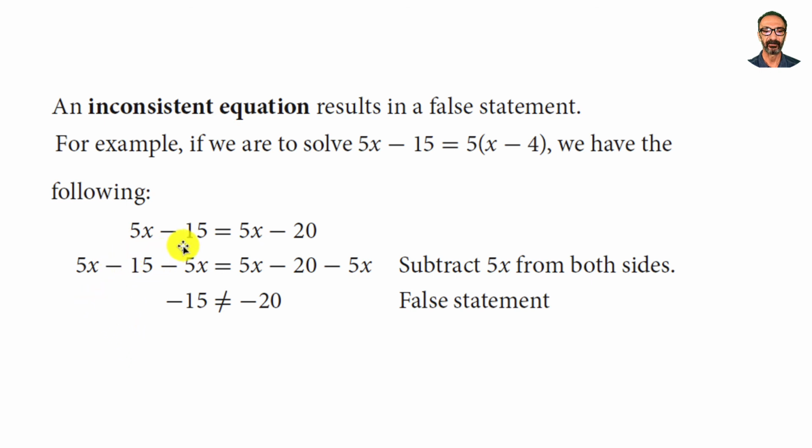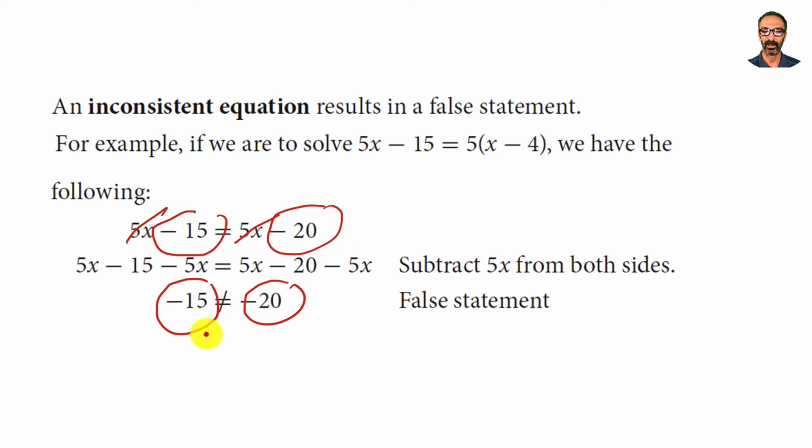When you subtract 5x from both sides, you can just see that the 5x cancels. So what you have on the left is -15, and what you have on the right is -20. And that's not true. That's a false statement. That's called inconsistent.